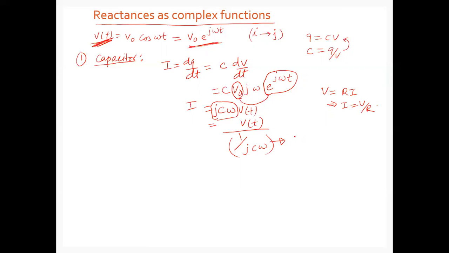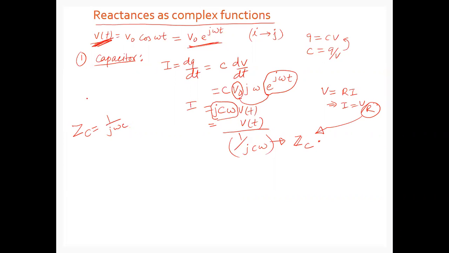We don't call it R, but we call it ZC. So V(t) over ZC. Instead of R, you have ZC here. So your ZC is 1 over j omega C, right?